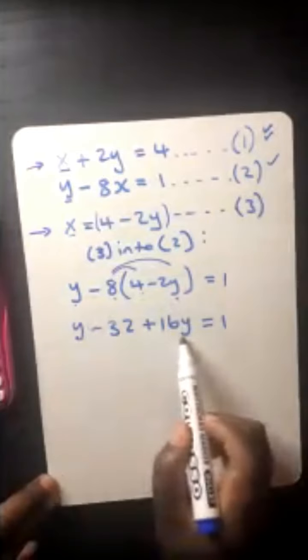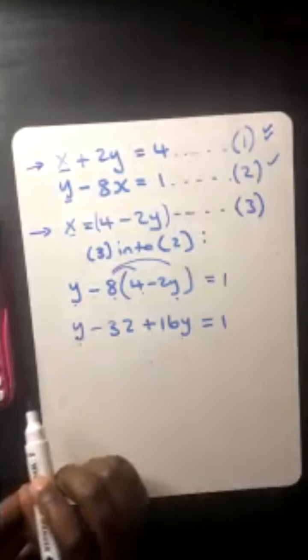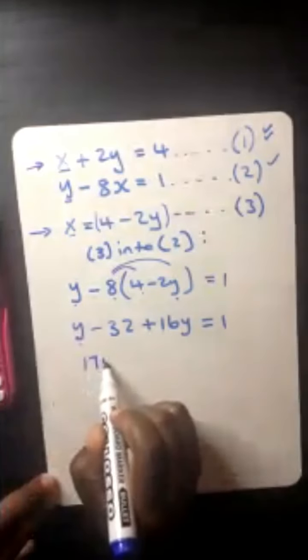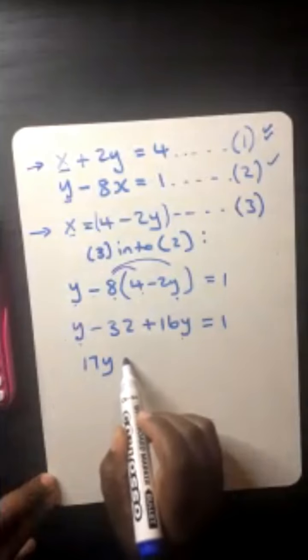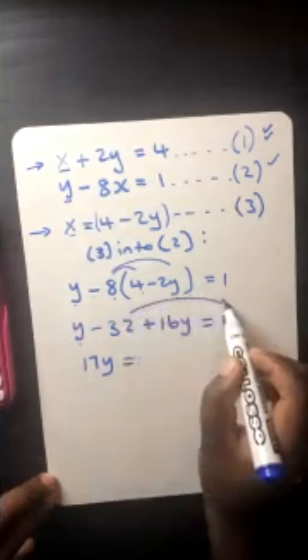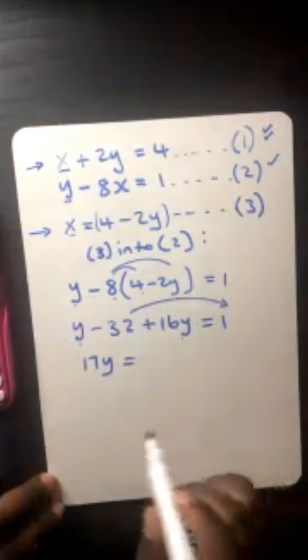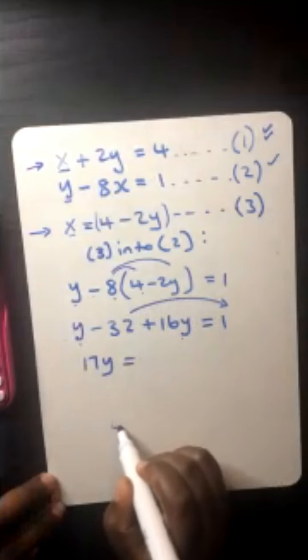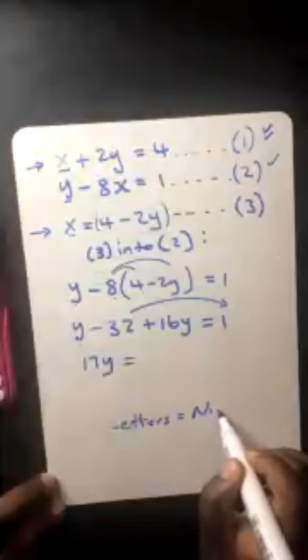You need to work out the like terms. So you've got y plus 16y, obviously it's 17y. This can be equated to, you move a number to the other side. Remember, I've always been saying when you solve, you always want to have letters on the left and numbers on the right.